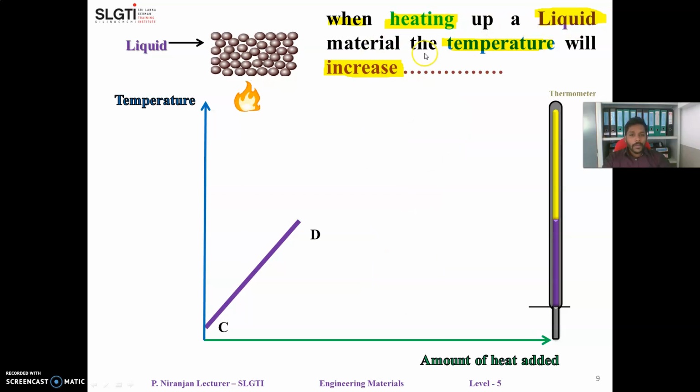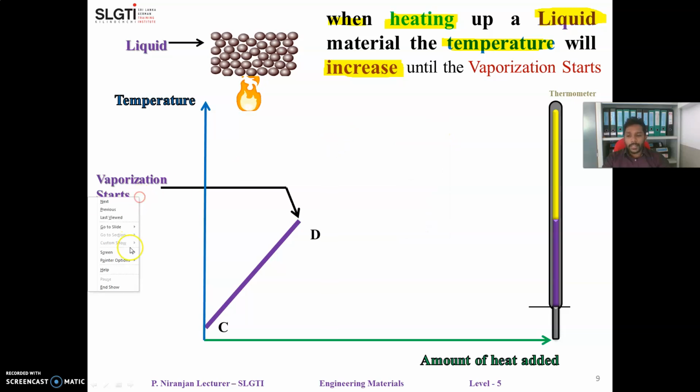When heating up a liquid material, the temperature will increase until vaporization starts. It means at this point the vaporization will start.